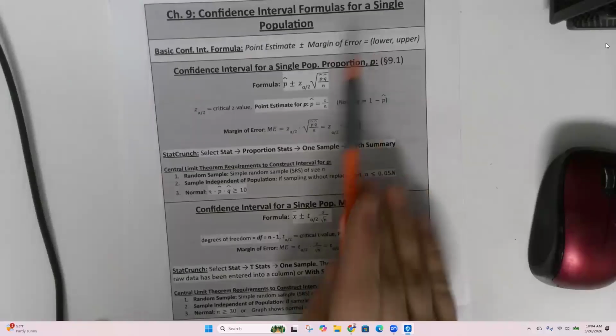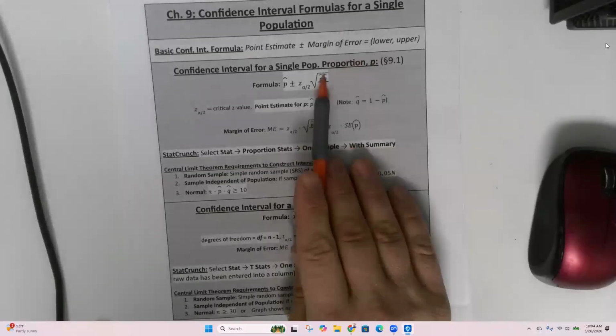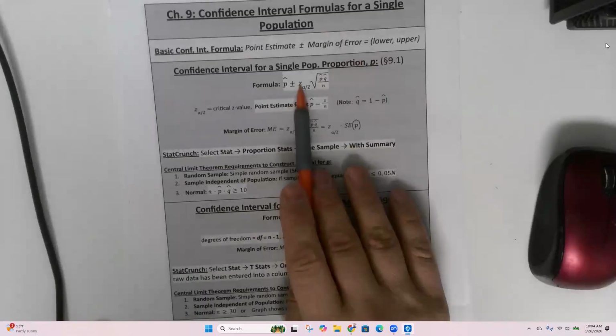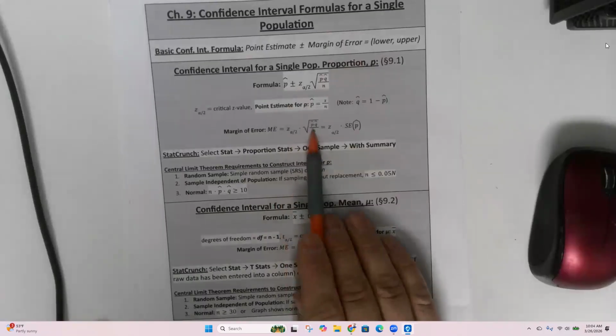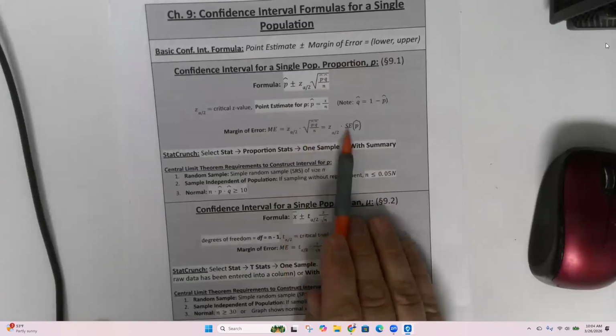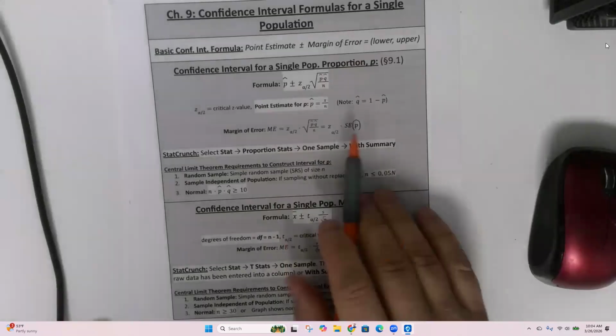Margin of error is calculated as this, and this is just z alpha over 2 times your standard error. We've talked about the formula for standard error before. So anyway, all that said, here's our formula.